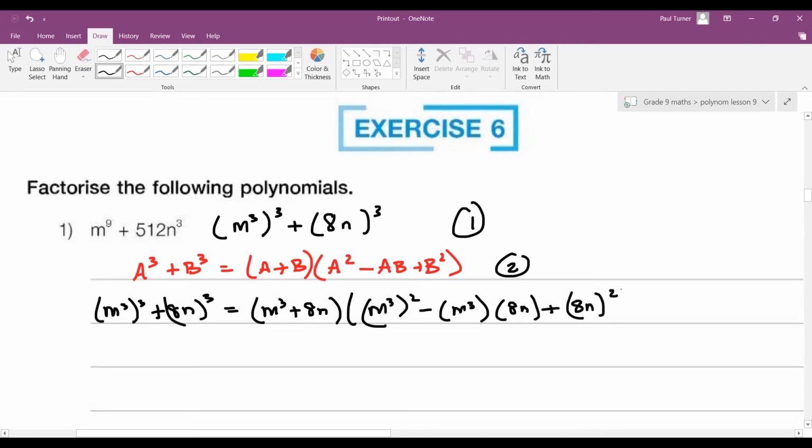So if you have a problem with this, just write the whole thing out and just follow the formula. That's all I'm doing. So we've got m cubed plus 8n, m cubed times m cubed will be m6 minus 8m cubed n plus 64n squared.